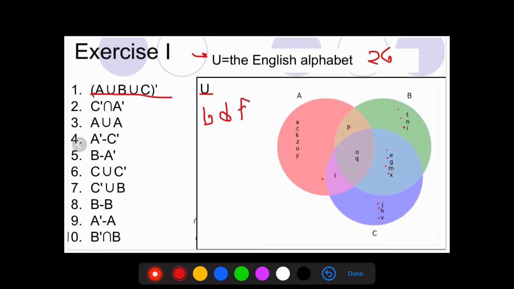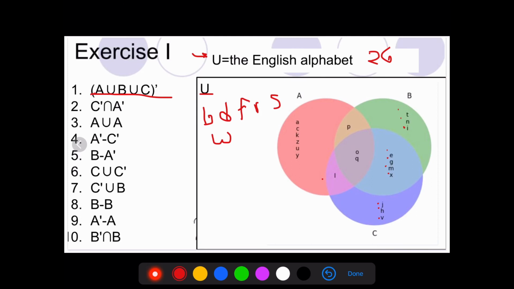F. G. H. I. J. K. I don't see an L. There's the L. M. N. O. P. Q. I don't see an R. I don't see an S. T. U, V, I don't see a W, X, Y, this should be it, Z. Okay, so 1, 2, 3, 4, 5, 6, so I've got them all.